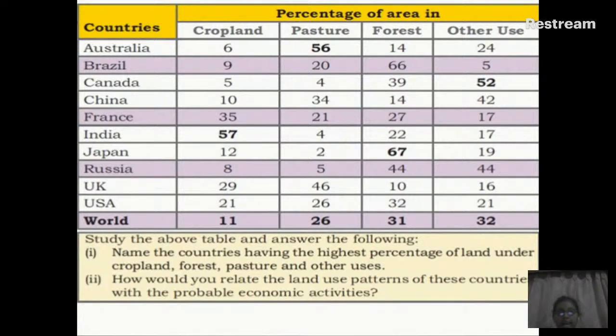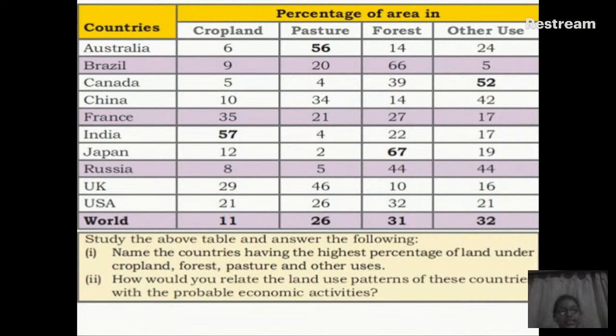Now you must be asking me, ma'am, what is the meaning of pasture? Just a second, my network is very bad today. Okay, so you see that 14 is forest and the other uses are 24.